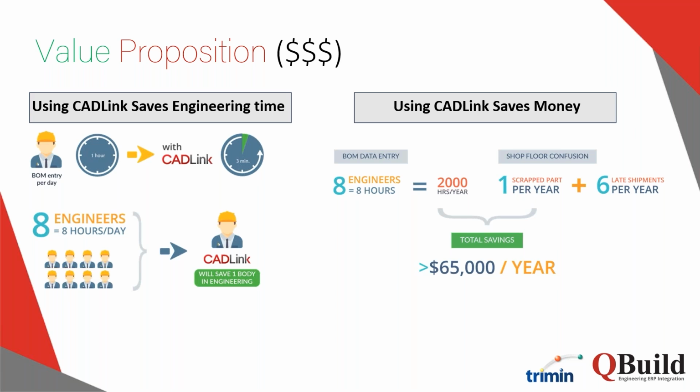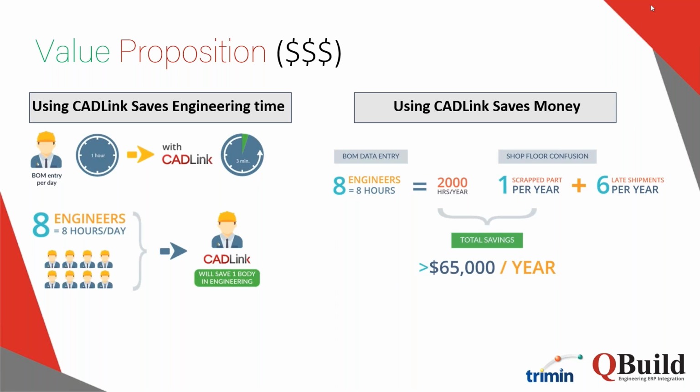So looking at some numbers here really quickly, if we're doing manual data entry with 8 engineers at 1 BOM entry hour per day, that's over 2,000 hours per year just on BOM entry alone. So you can start to see how much time these small tedious processes actually add up to. And let's say, with the data inaccuracies and struggles that you currently have, you're maybe running into 1 scrap part per year, which is pretty low from my experience in manufacturing.